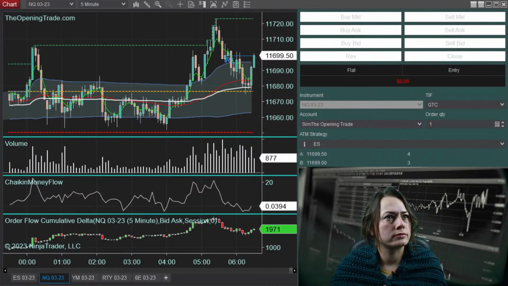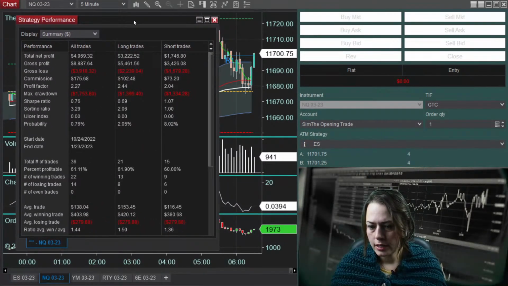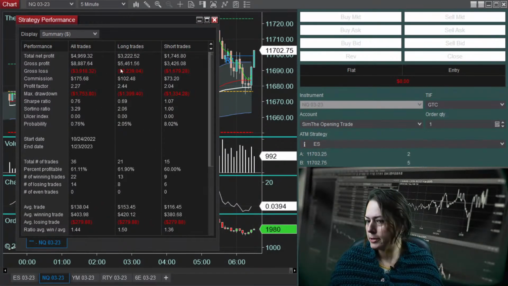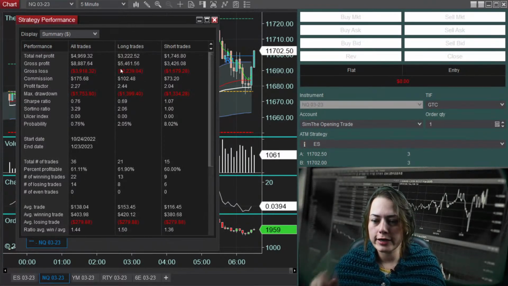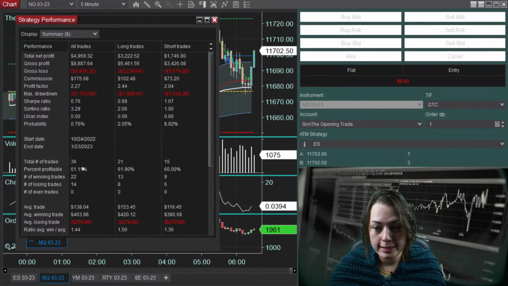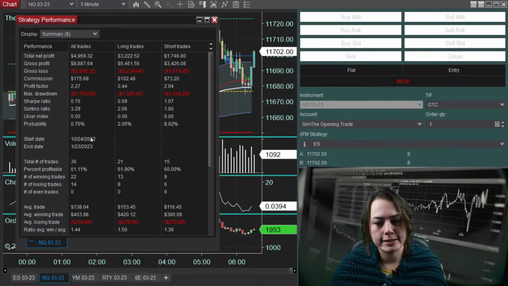Are you in my computer? All the charts just opened. Okay, so the computer is being helpful, which is terrifying. It never is.